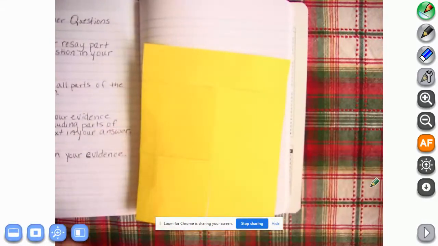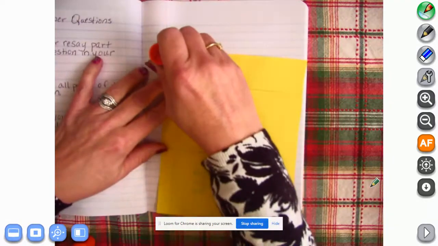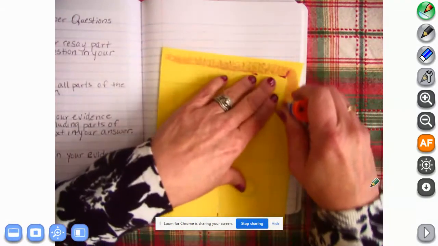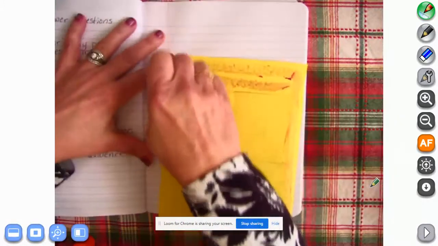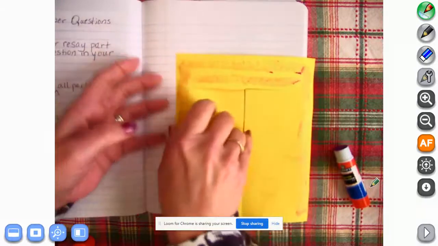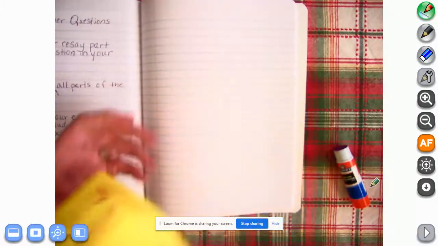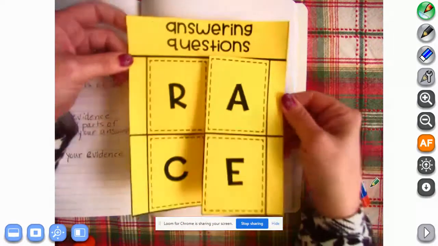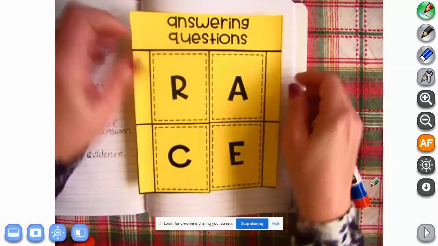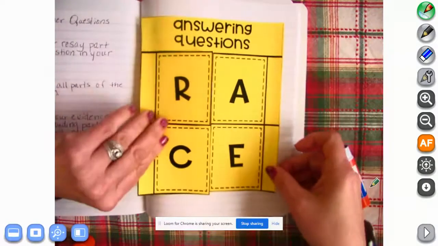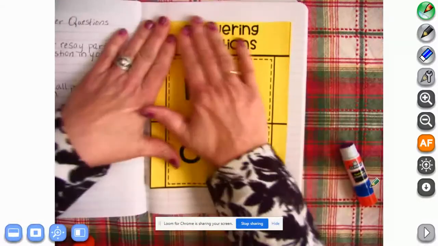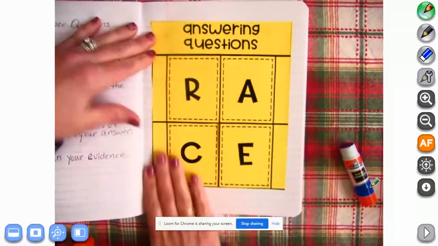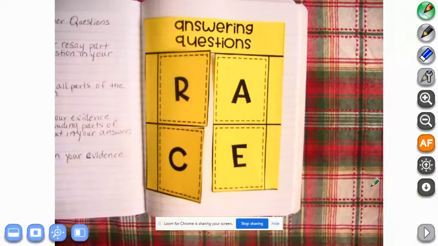All right. Get a little glue here. All right, so get that glued in there.